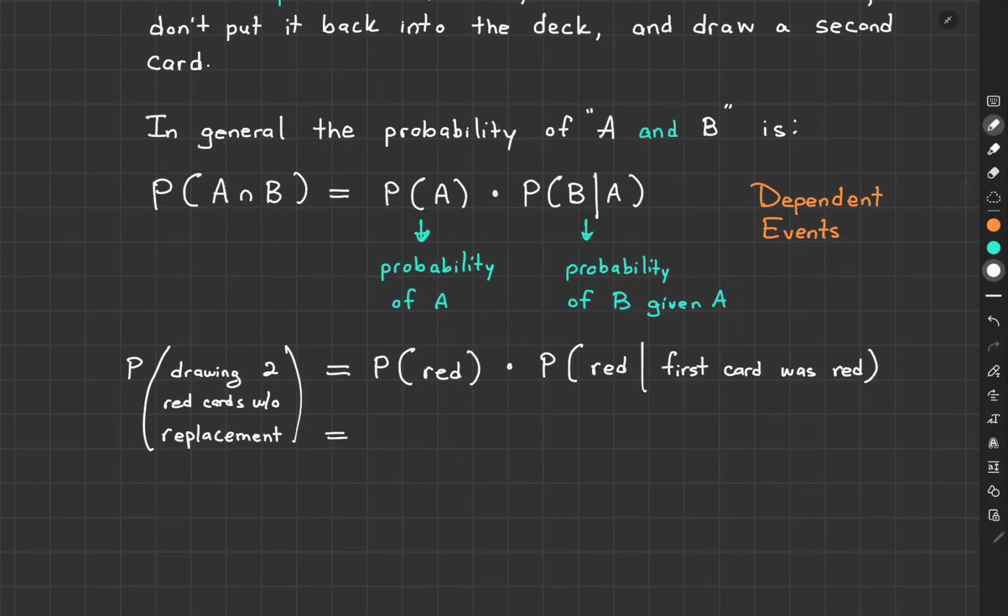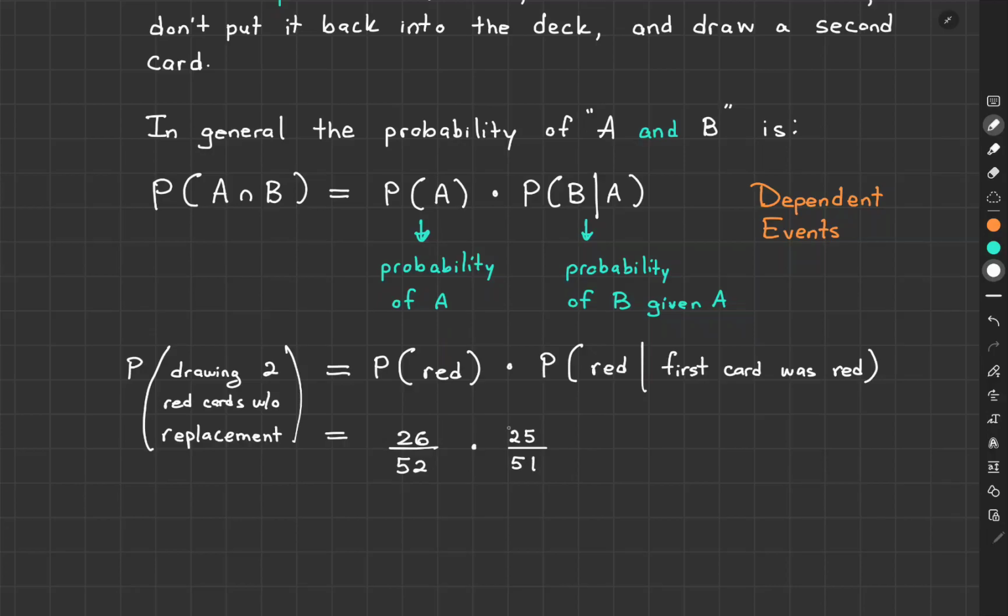In general we have a deck of 52 cards. We know half of them to be red, so that's 26 out of 52. Now, if we're considering this event as already happened, you've taken 1 red card out of your deck, so instead of 26 red cards you only have 25 red cards left, and instead of 52 total cards, you have 51.